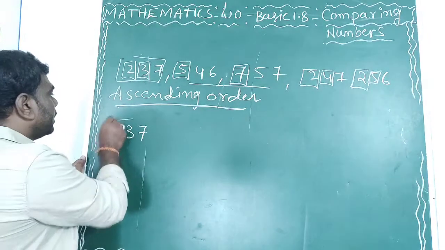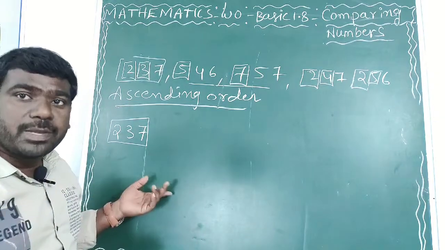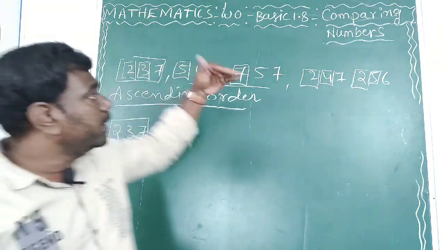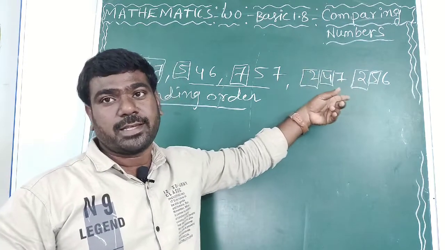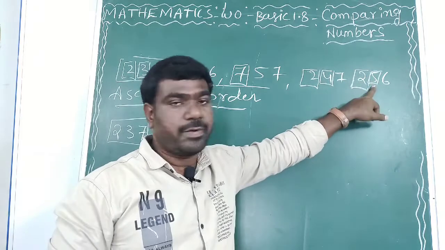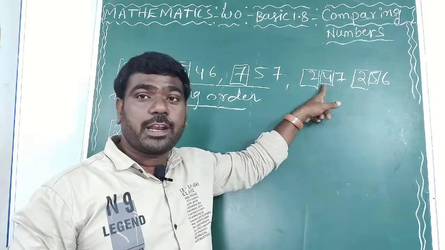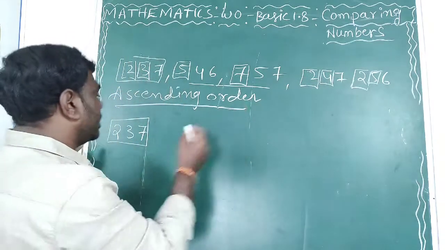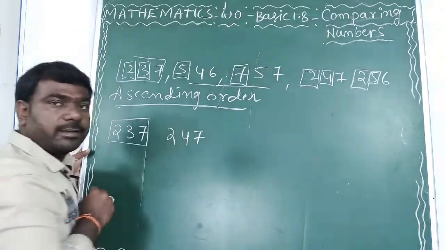237. What is the next number here? The next number also starts with 2. Another 2 numbers are there, similar numbers. Here 4, here 5. Which one is smaller? 4 is the smaller number. Pick out that number: 247.